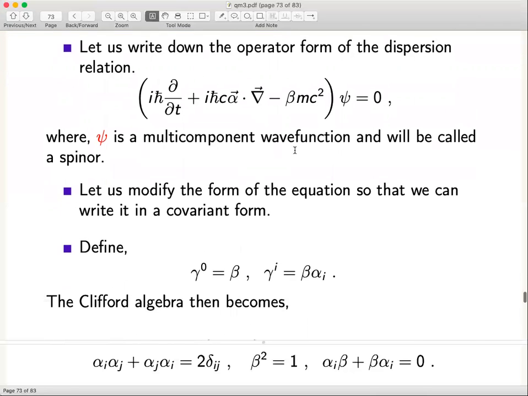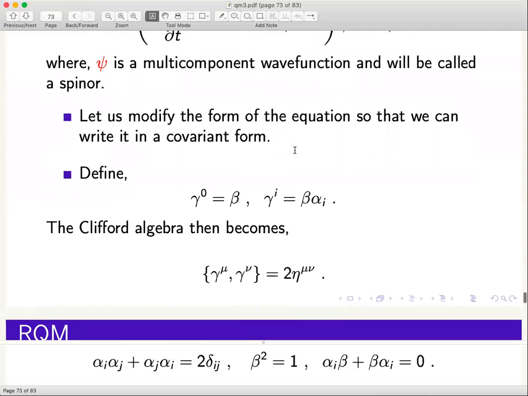We can redefine these as a new set of matrices, and we call them gamma 0 equal to beta and gamma i equal to beta times alpha i. Now notice that I have used the index upstairs for gamma, although I had written the index downstairs for alpha. I have a reason to do that: I want to write the contravariant form of the gamma matrices.